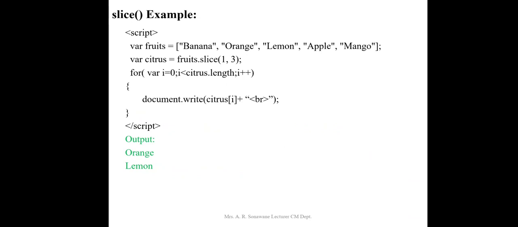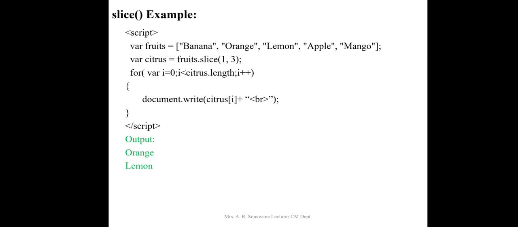Now try to understand the meaning of 1 as well as 3. 1 means from the fruits array, from the first index position, we start retrieving the elements. At the first index position, orange is the value, and 3 is the end value, but up to end minus 1, as I have already mentioned. So 3 minus 1 will be 2. So from the fruits array, from the first and second index positions, only 2 elements will be received. So citrus will contain orange and lemon.